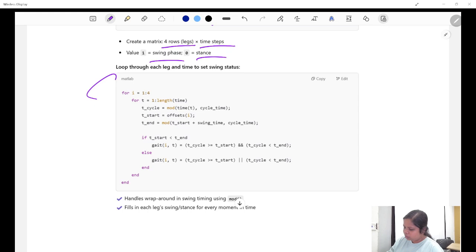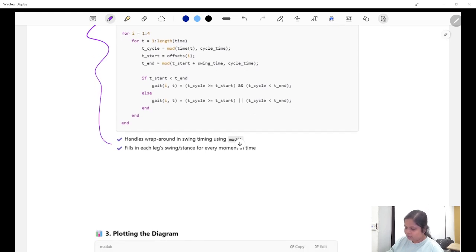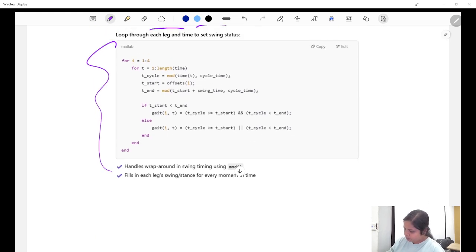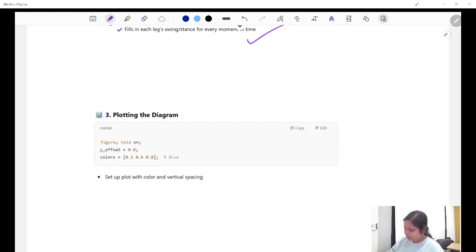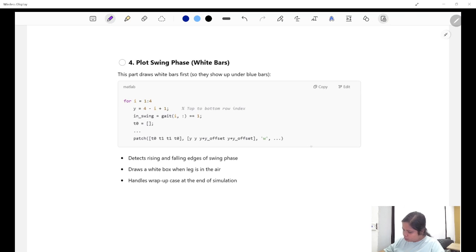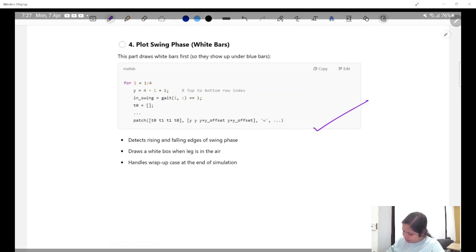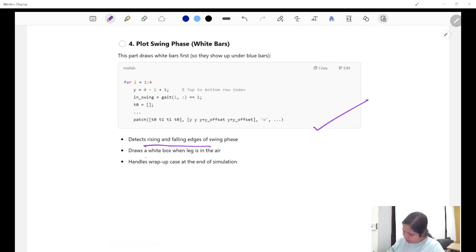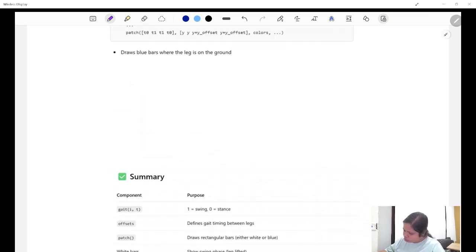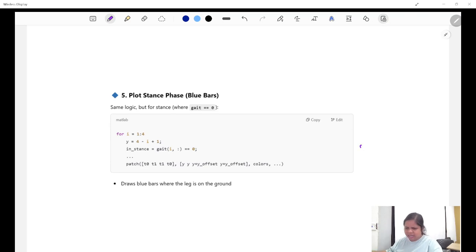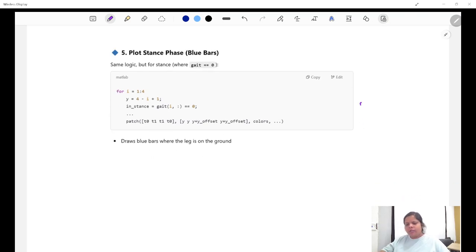Then we loop through each of the legs and work out the gait, which depends on which leg it is. Then we plot the diagram. We also plot the swing phase, which detects the rising and falling edges of swing phase. You already have this code in the slide. It is just plotting. So I'll be taking you to MATLAB now.